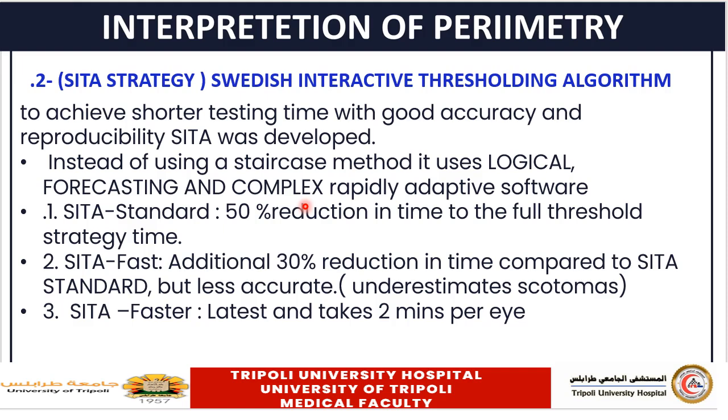And as I said, it is dependent on the four main cardinal points, and it doesn't test the extra 6 retinal points. SITA standard achieves a 50% reduction in time compared to the full threshold strategy, and we have a faster one than SITA standard, that is SITA fast, with an additional 30% reduction in time compared to SITA standard, but it is less accurate as we omit some points and decrease the repeated testing of the points, so this reduces the accuracy of the test.